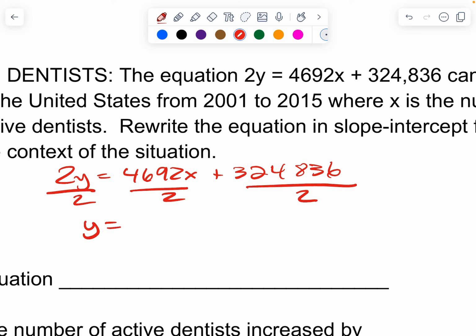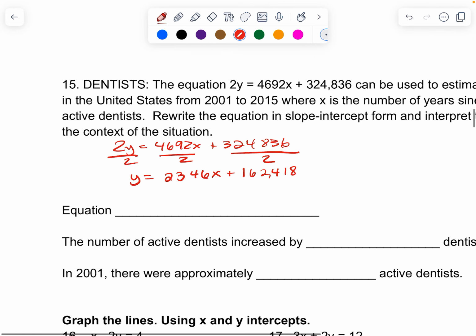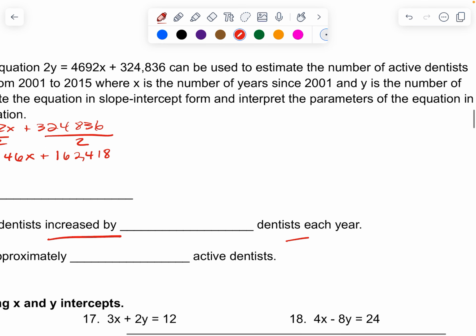Get y equals 2346x plus 162418. Okay, the slope of this, that means, oh, sorry, that's the equation. The number of active dentists increased by what per year?